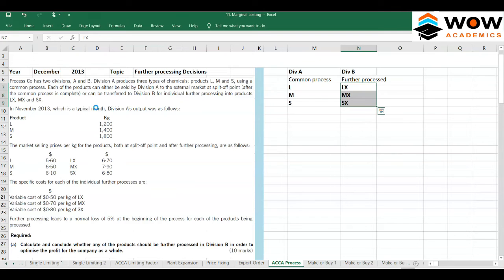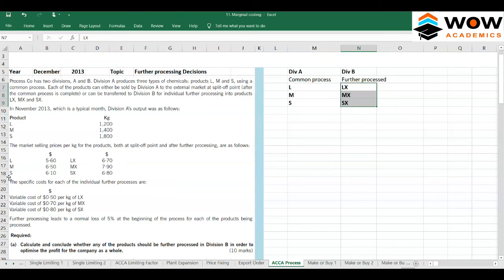So these are the products. He has also given you some data. He says in November 2013, which is a typical month, division A's output is as follows. The market selling price per kg for the products, both at split-off point and after further processing, is also given.